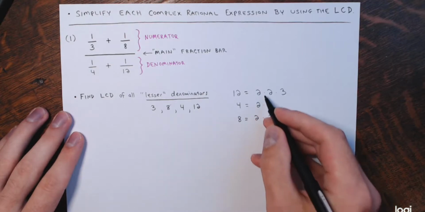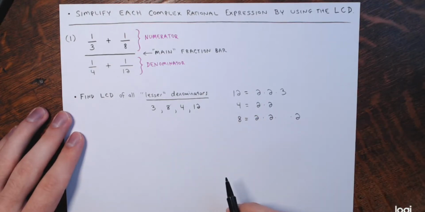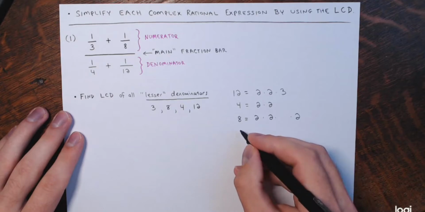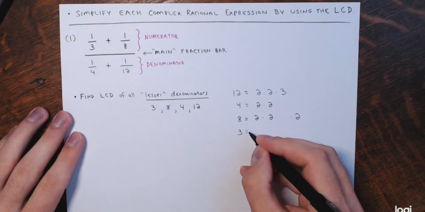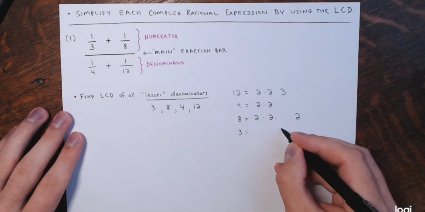I'm only lining up things that are in common. And then 3 is simply 3, and I'll line it up with this 3 here.